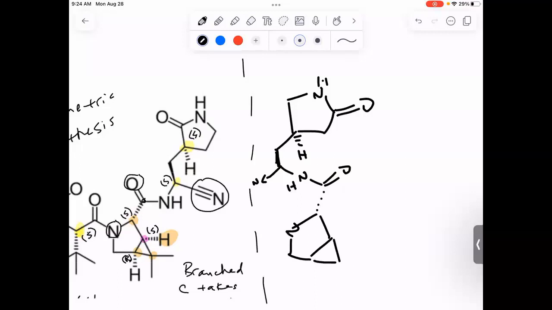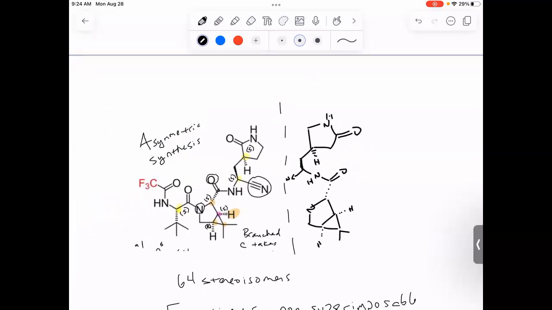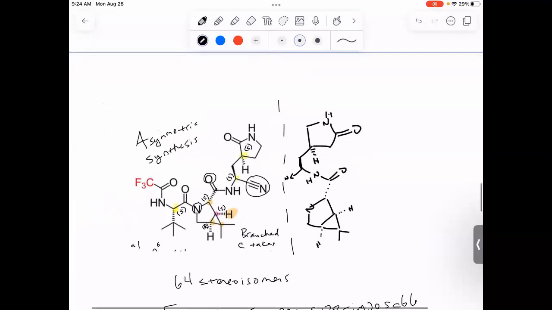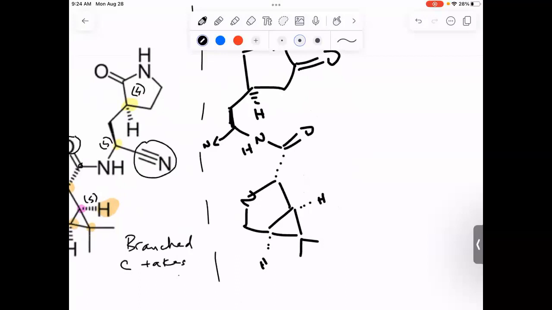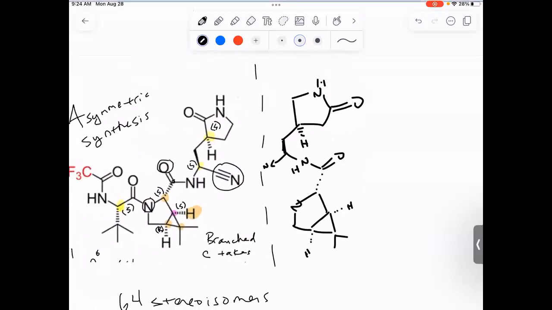So the enantiomer, and I know this is kind of sloppy, but just bear with me. I think my nitrogen is C. Actually, hold up.